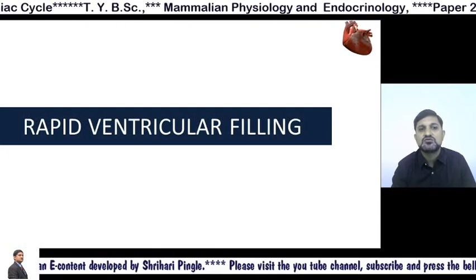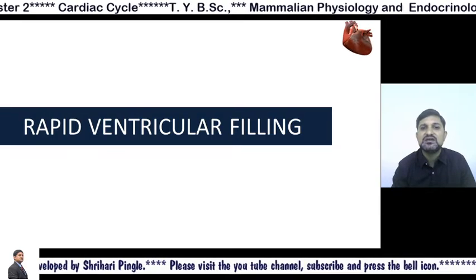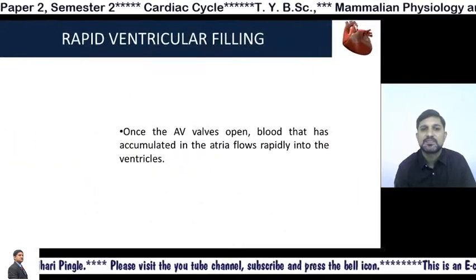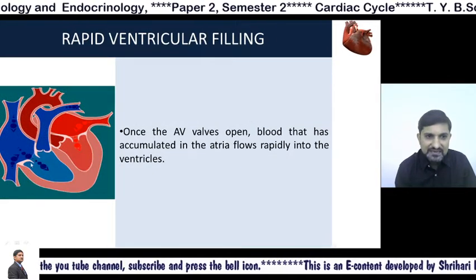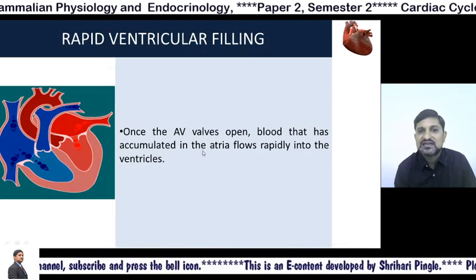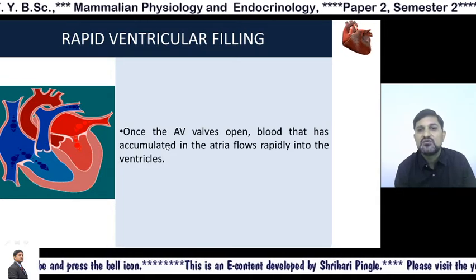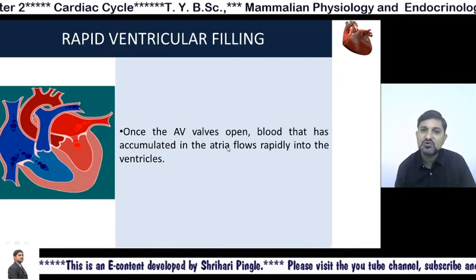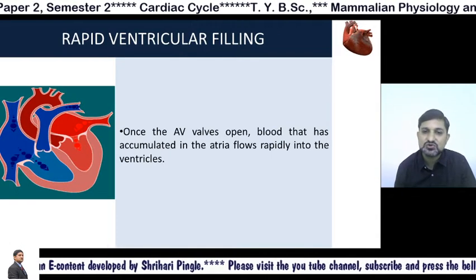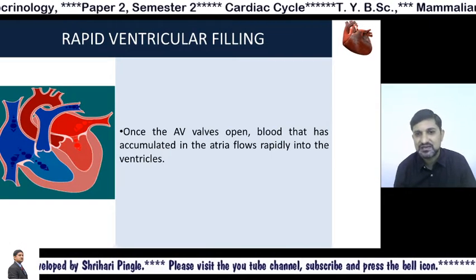Now we come down to the next event, that is rapid ventricular filling. Once the AV valves open again, the blood that has accumulated in the auricles will flow rapidly into the ventricles. Now try to correlate this with auricular systole that we have seen in the beginning.